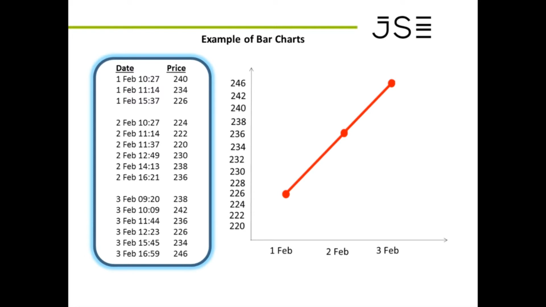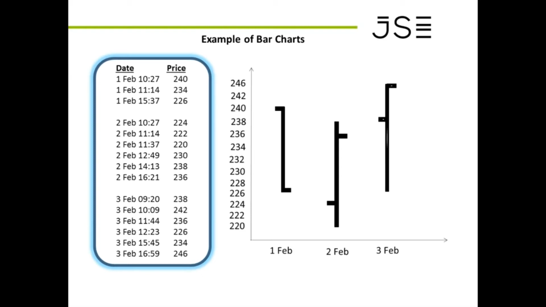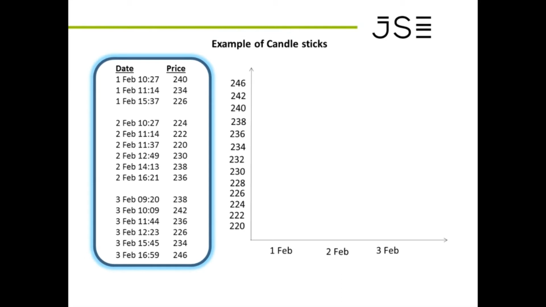If you went and took a bar chart, this is what it would look like. It opened at 240, but during the day it fell and it closed at 226. Again, here you can see the next day, the 2nd of Feb, it opened at 238, and so on and so on. So you can see what is actually happening with the bar chart. With the candlestick, here you can see the movement is negative. It's fallen during the day.